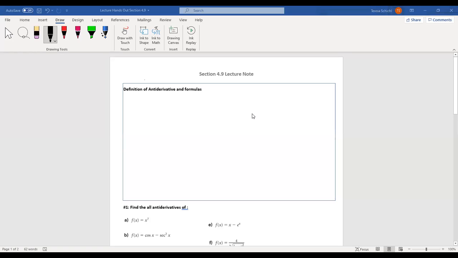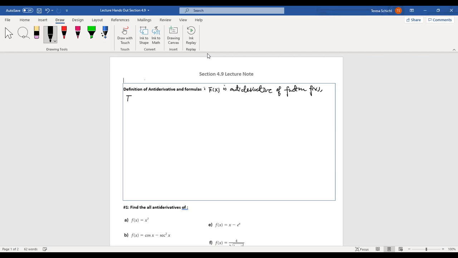So the first thing here is let's define what the antiderivative is and some of the key formulas. For the antiderivative, if we say capital F of x is an antiderivative for the function lowercase f of x, what does that mean?